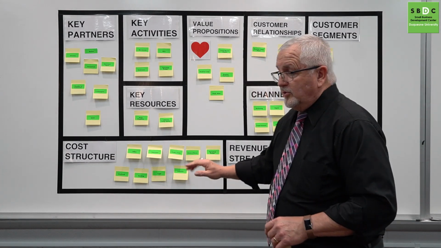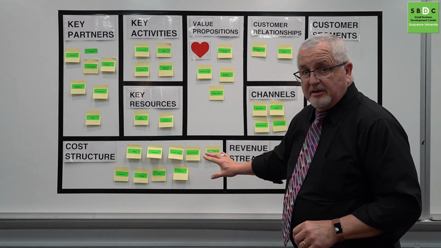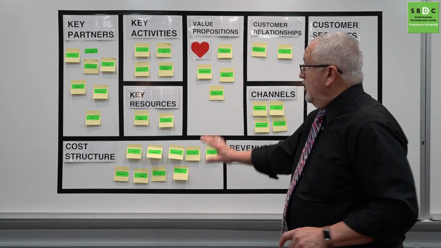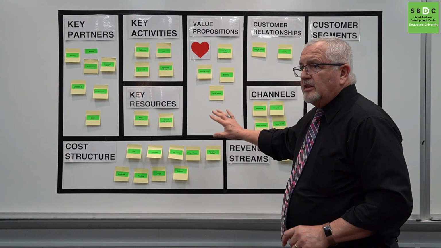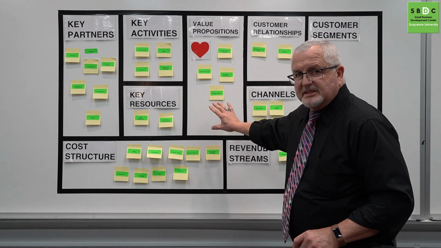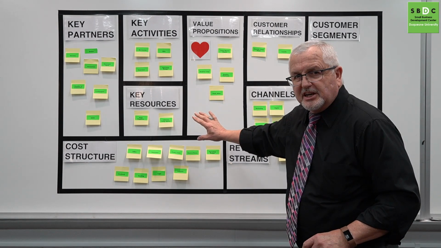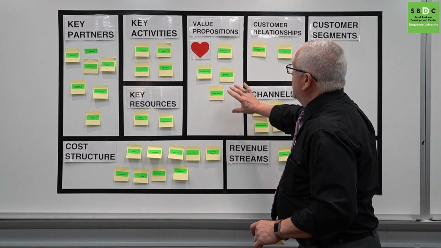Now, we have gone through this entire Business Model Canvas very quickly on a very focused and a relatively simple business. And I apologize to any lawnmower repair person that's out there when I say simple.